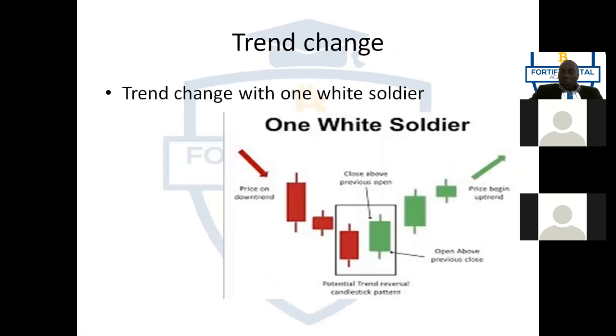Then one white soldier, as I said, occurs in a downtrend when the prices are going down, and then all of a sudden the price peaks. This could be a short-term reversal towards the mean.